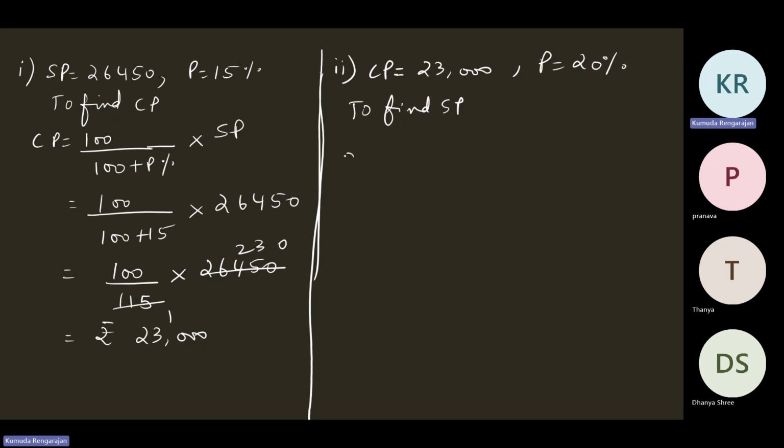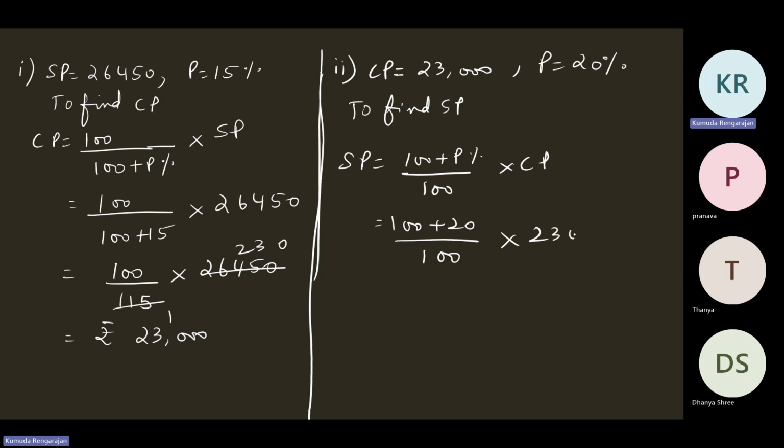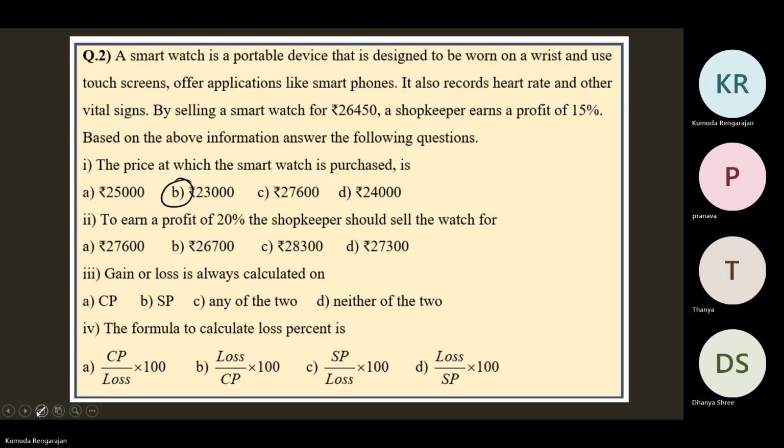Correct. So SP is equal to 100 plus profit percent by 100 into CP. So 100 plus 20 by 100 into 23,000. So 120 by 100 into 23,000. Two zeros get cancelled. What is 230 into 120? 27,600. Perfect.